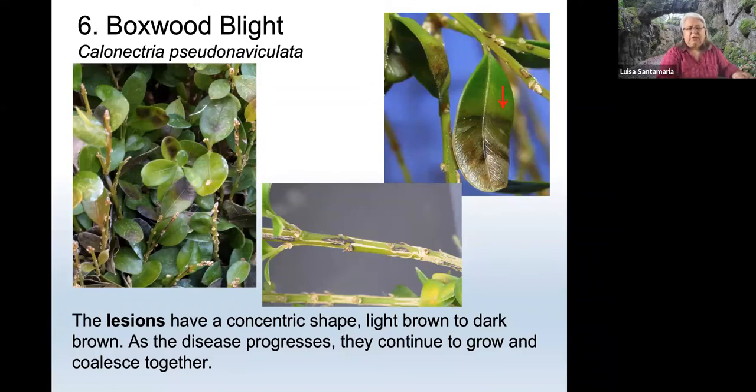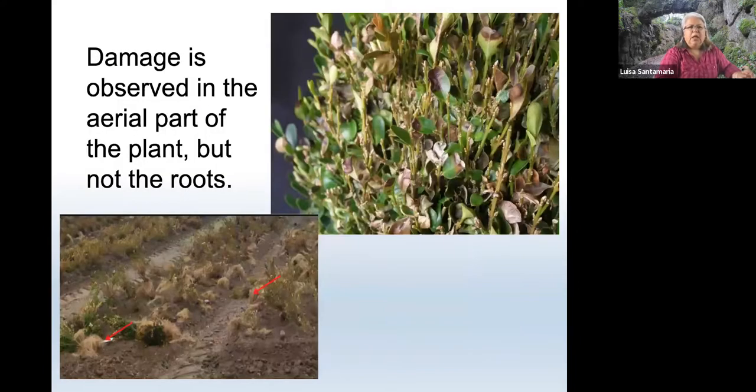There are some specific features of the growth of these lesions that help us diagnose this pathogen. And since we are talking about foliar pathogens, this is one that's specific for the aerial part of the plant, since only the leaves and stems are attacked by the pathogen, never the root system.